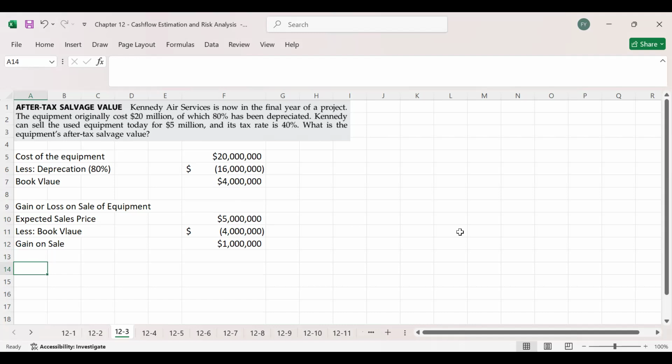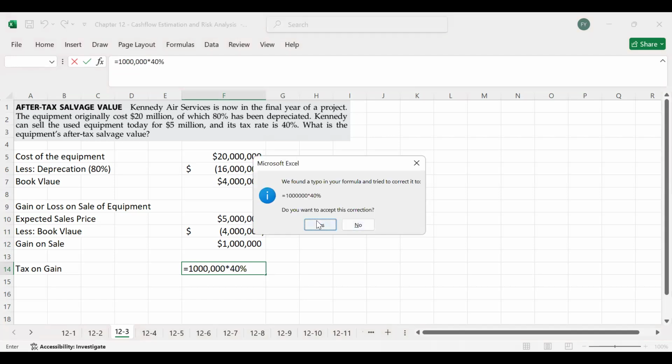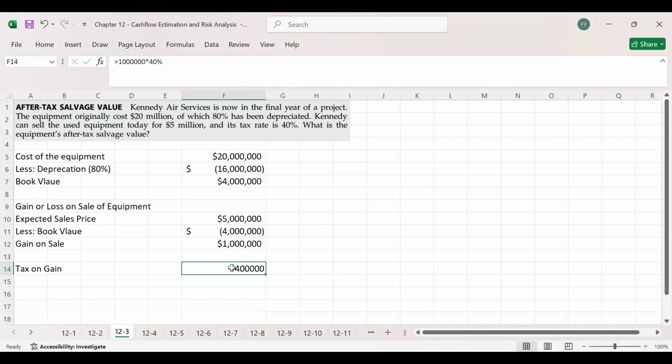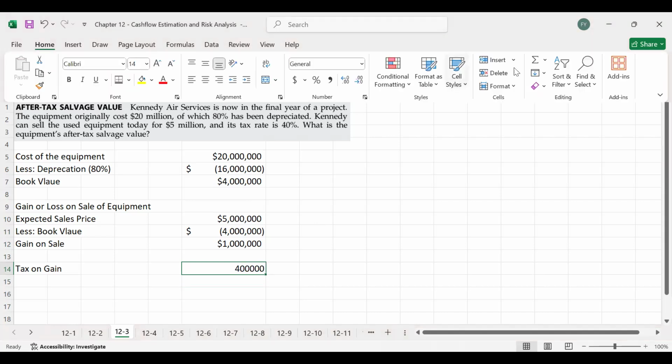So the tax on gain would be, here we have $1 million, and the tax rate is 40%. So we multiply it by 40%, which is $400,000.